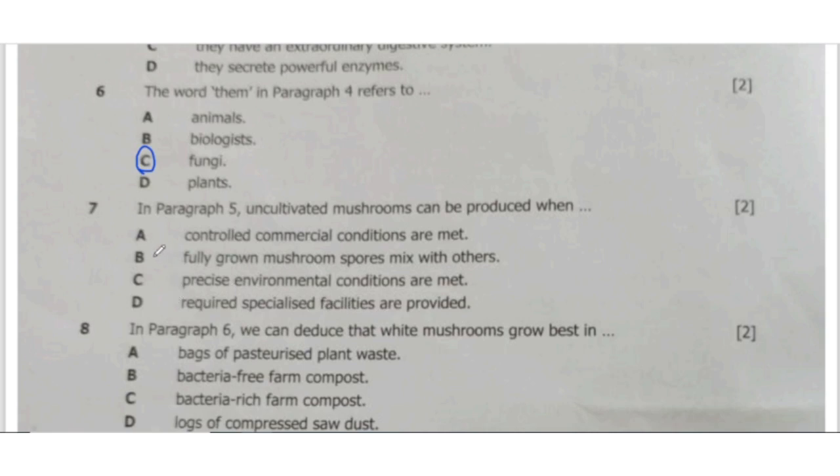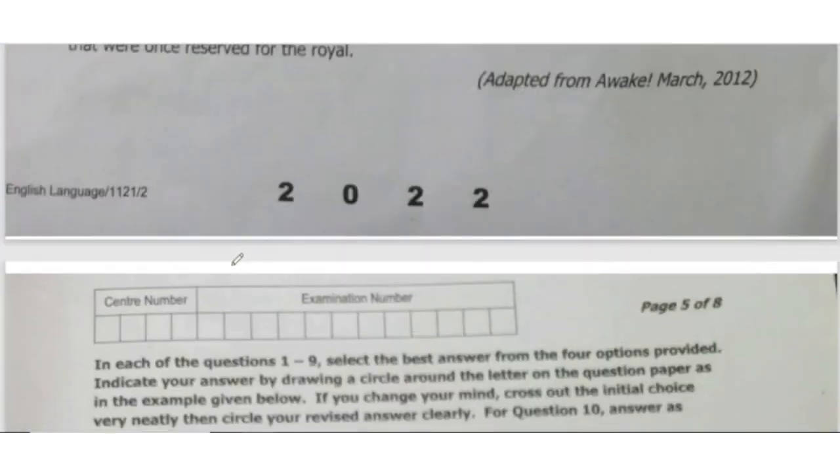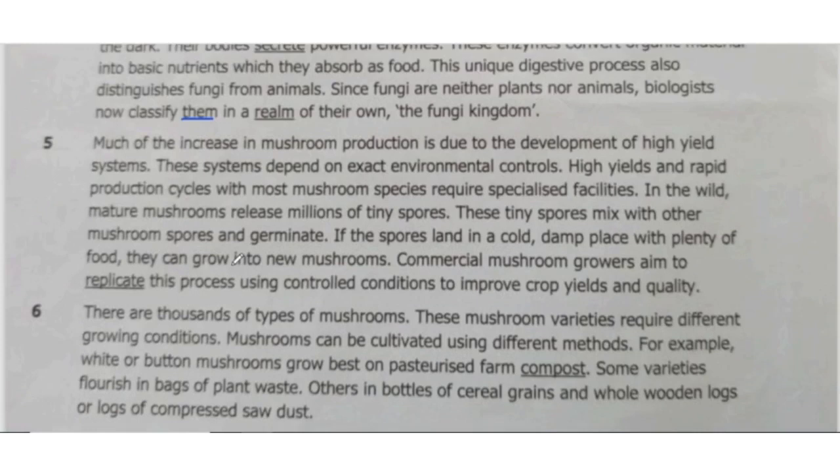Okay, so I'm thinking of B to be the correct answer, but to be sure, let's go to the paragraph. That is paragraph 5. Much of the increase in mushroom production is due to the development of high yield systems. These systems depend on exact environment controls, high yields and rapid production cycles. Most mushroom species require specialized facilities.